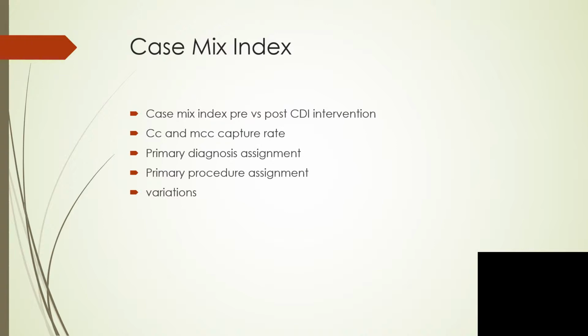And then beyond that, does my staff understand what's needed in documentation to take a patient from the simple pneumonia DRG to the complex pneumonia DRG? And if they understand that, are they able to recognize the treatment and the evidence that this patient should be in that complex pneumonia DRG? So those are all things.